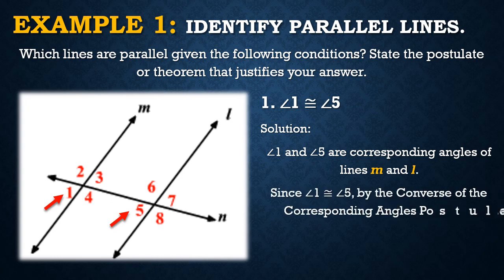Since angle 1 is congruent to angle 5, it is by the converse of the corresponding angles postulate, the number 1 that we discussed. Then line M is parallel to line L.